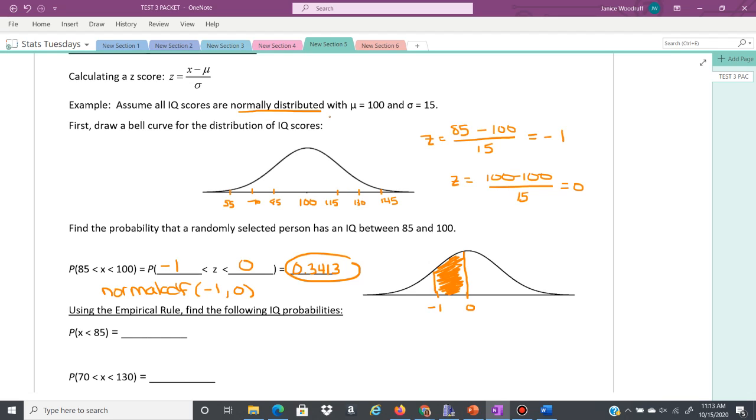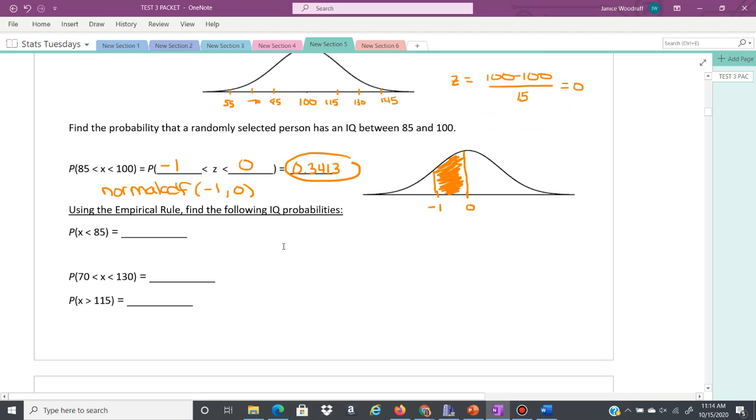So 100 is the mean and the median of all IQ scores. We can do this using the empirical rule, but we're just going to standardize these scores.